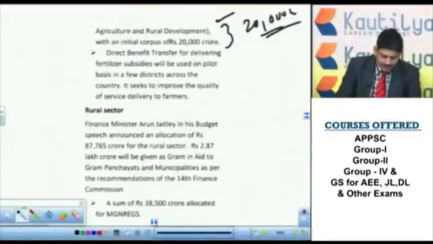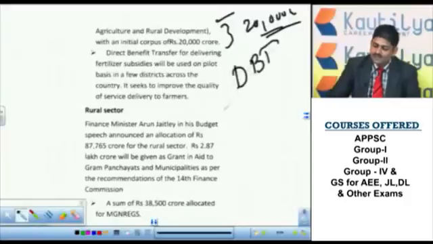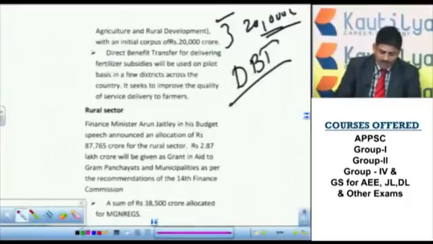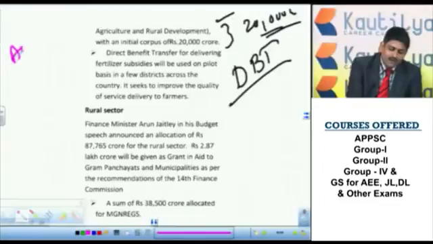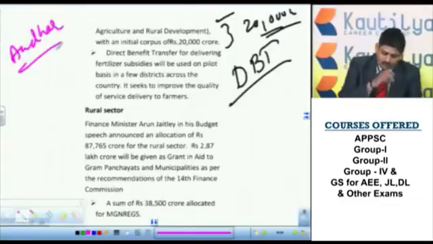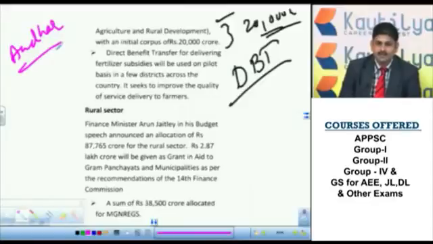Another important allotment in the budget for the farmer community is direct benefit transfer. What is direct benefit transfer? I think you might have seen the linking of Aadhaar. Already the gas subsidy is linked to the DBT.